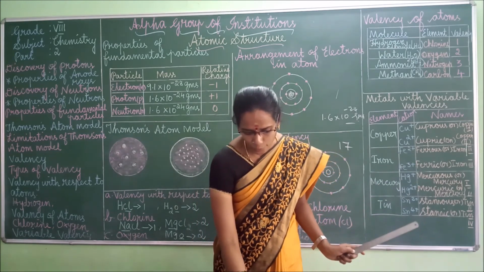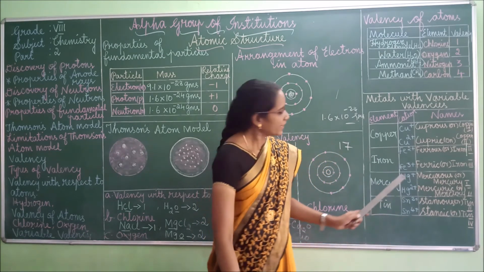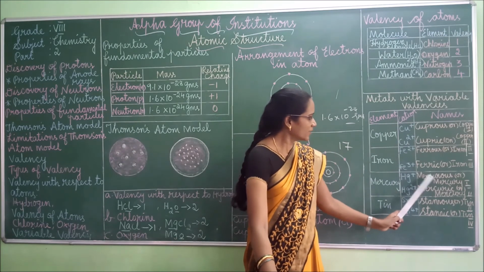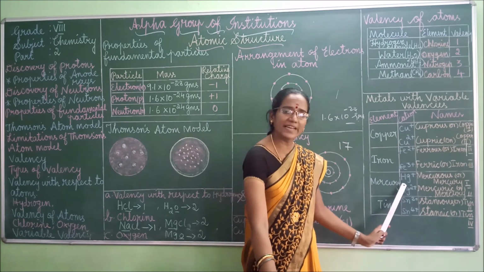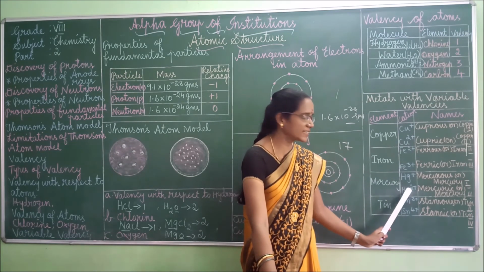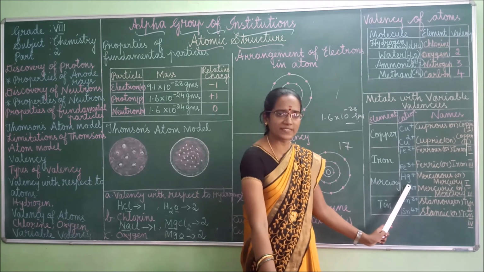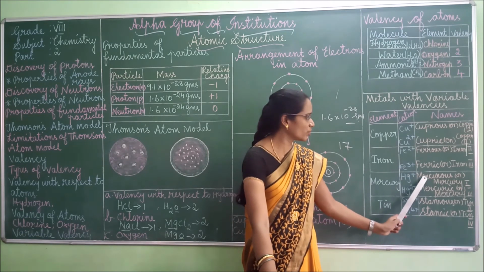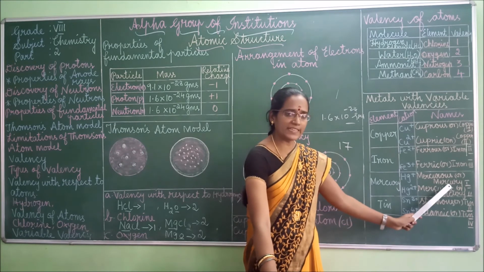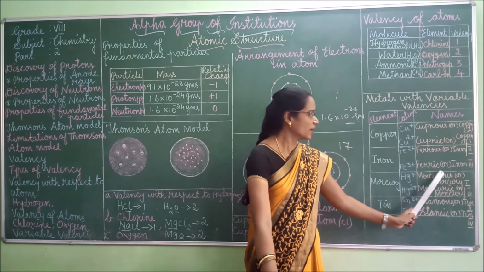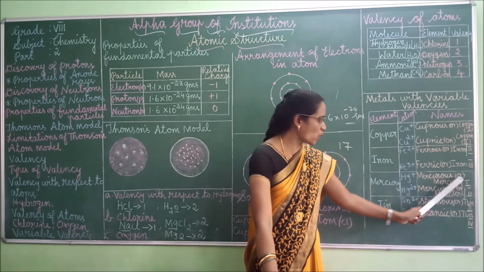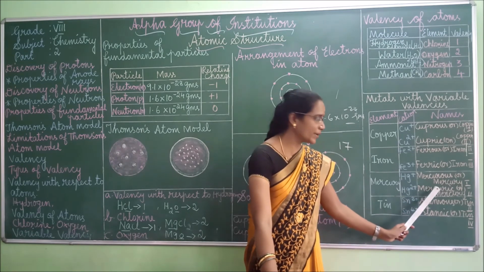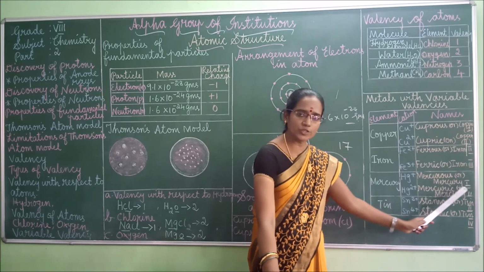Next one is mercury. Here Hg+ as well as Hg2+. Which valency is high? Hg2+ is higher, isn't it? So we have to add IC. Here for Hg+, mercurous or mercury 1. For Hg2+, mercuric or mercury 2.